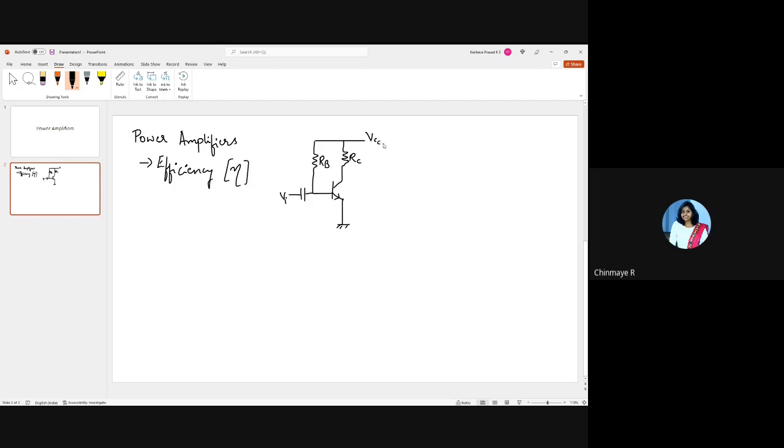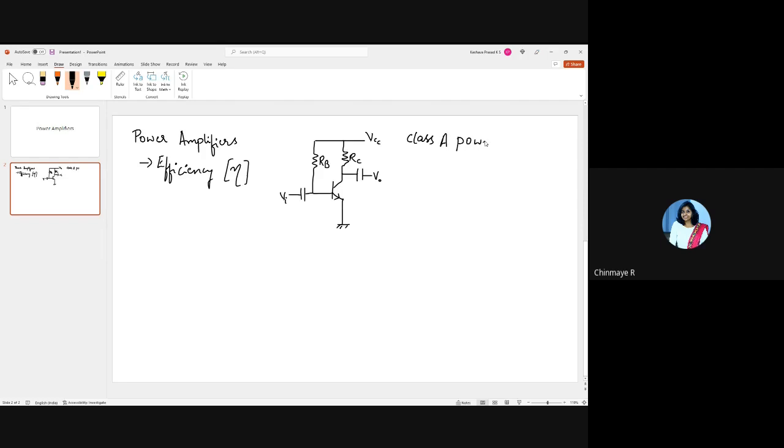So this is VCC. And what amplifier is this? Common emitter. Yes, so this is a simple common emitter amplifier, and the same circuit can be used for large signal amplification also. This is called a class A power amplifier.